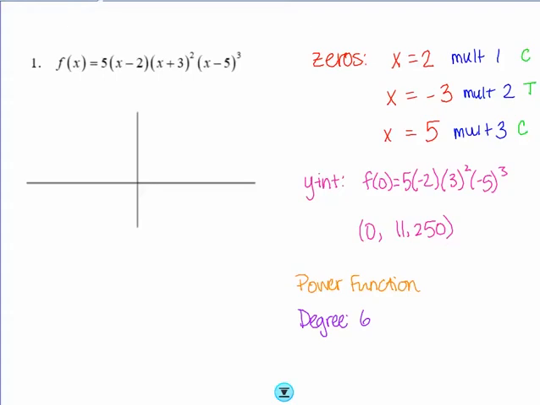So we can say for the power function that this function is approximately equal to the function 5x to the 6th. This 5 comes from the leading coefficient here. And that'll give us a general idea of some of the properties of this function. So now let's sketch a graph.